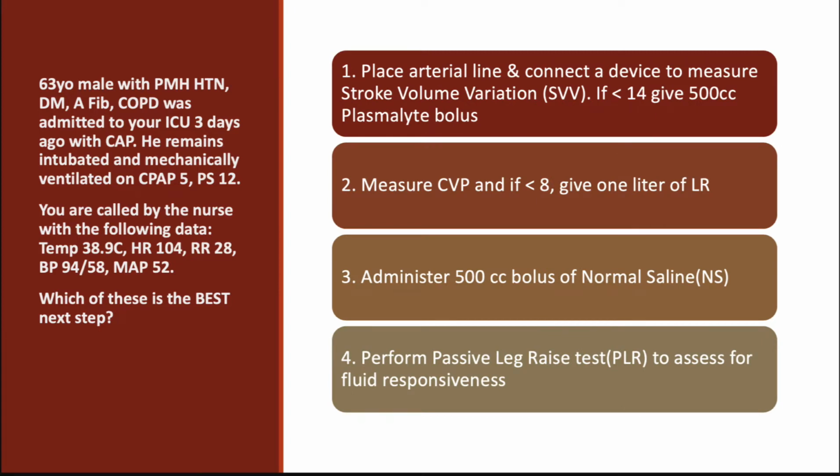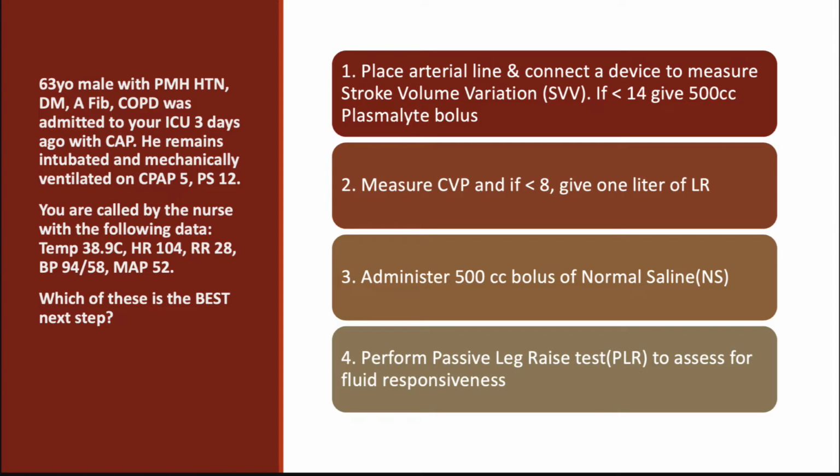Would you put in an art line and measure the stroke volume variation and all that jazz? Would you measure the CVP, and if it's less than 8, give a liter of LR? Would you just bolus him with 500 cc's of saline? Or would you do passive leg raise to assess for fluid responsiveness?